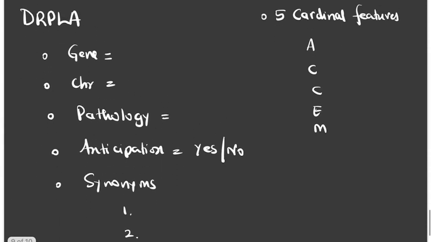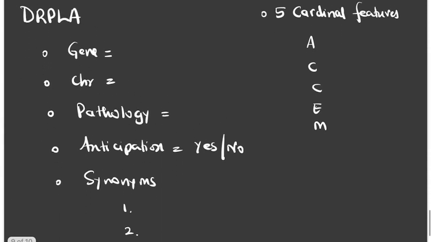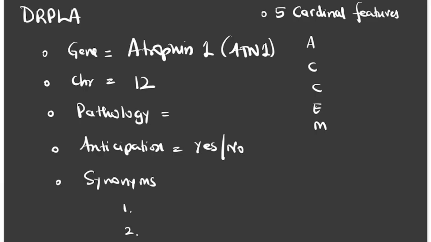Okay. So DRPLA is dentatorubropallidoluysian atrophy. Here the gene that is associated is the atrophin-1 gene, also called ATN1 gene. What is the chromosome? Chromosome 12. What is the pathology?